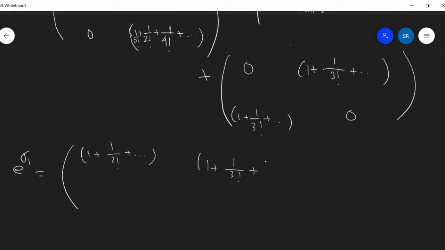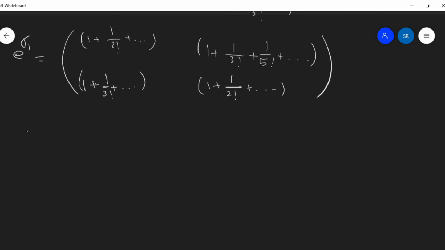Plus 1 by 5 factorial, and so on. Plus 1 plus 1 by 3 factorial plus this, and 1 by 2 factorial plus this. And you'd be surprised to know what they actually mean.